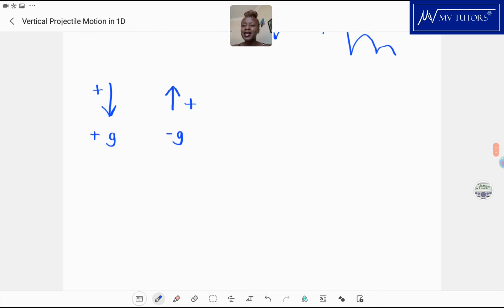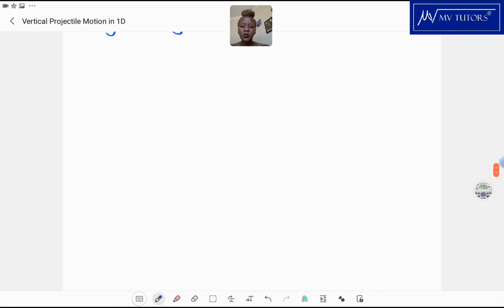All right. So let us look into detail these scenarios. What happens when you actually drop a ball? Okay. So looking at scenario number 1, you're dropping your projectile. Okay, and what if you choose downwards as positive? And what if you choose upwards as positive?